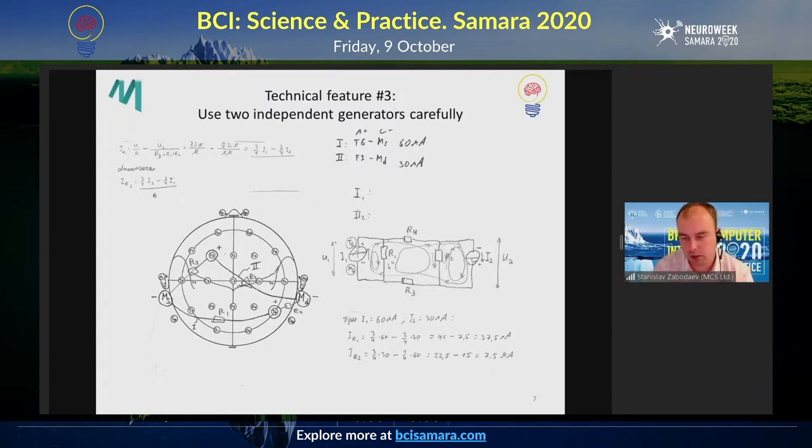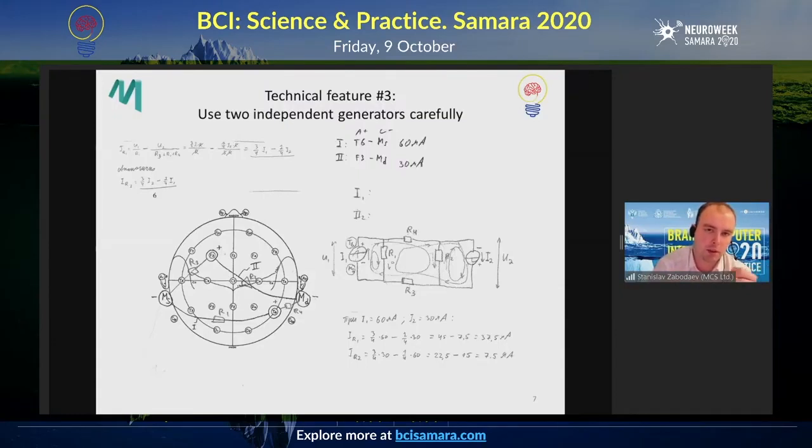In this instance, we wanted to use 60 milliamperes for stimulation. 60 milliamperes is not a significant value, but we wanted to use 60 milliamperes to stimulate a certain brain area. But in reality, because of the second generator, we stimulated this location using 37.5 milliamperes.